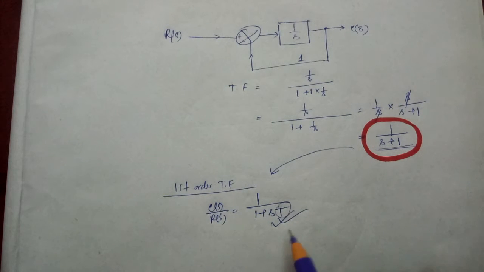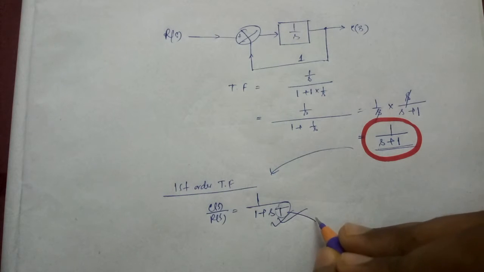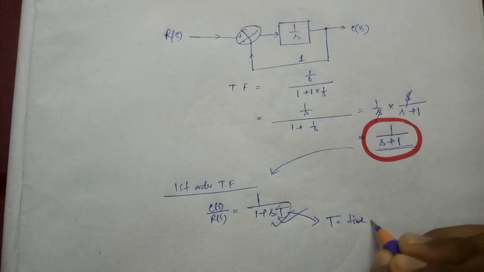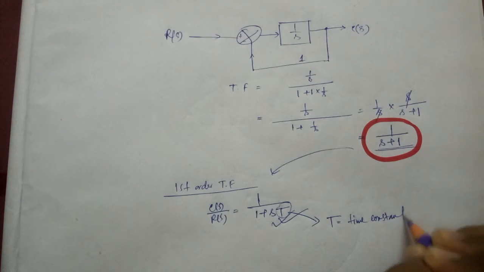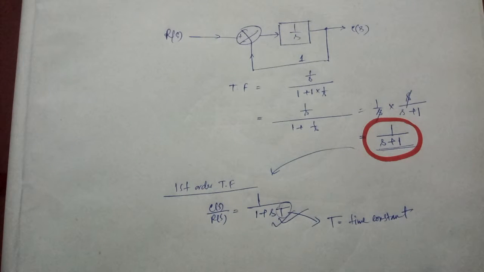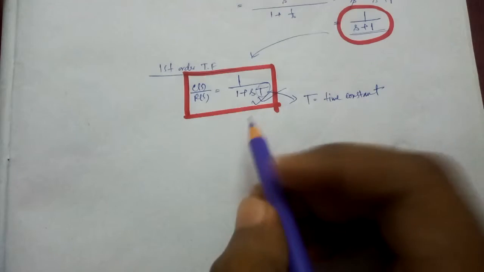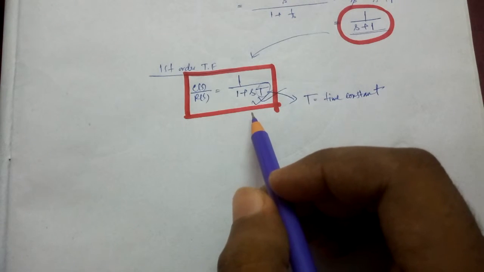So we are multiplying it by T. T is actually the time constant of the system. So now we have found the transfer function of first order system.